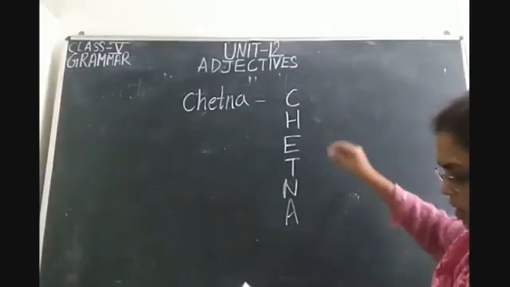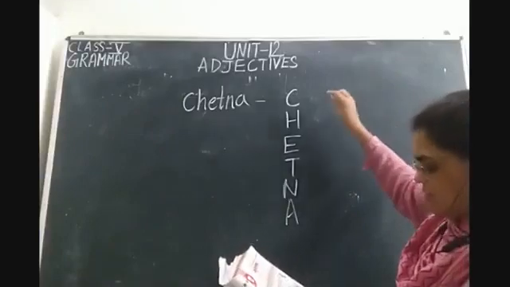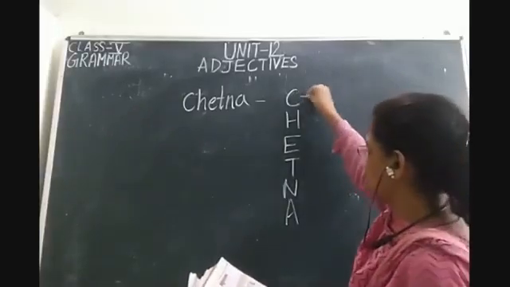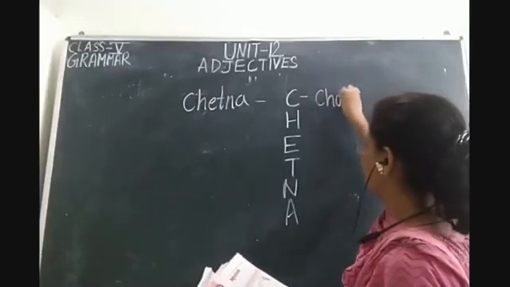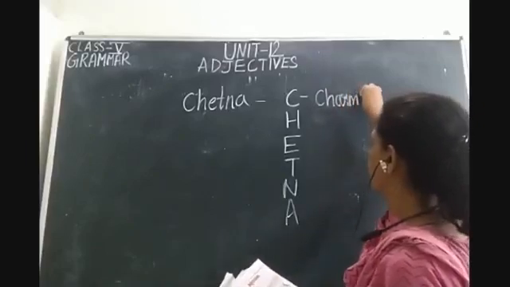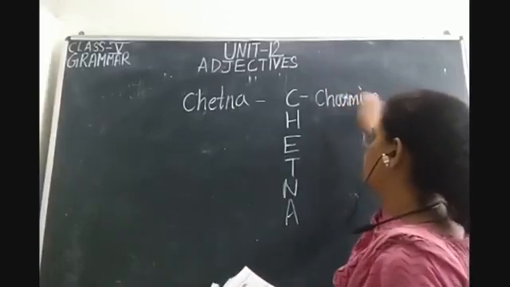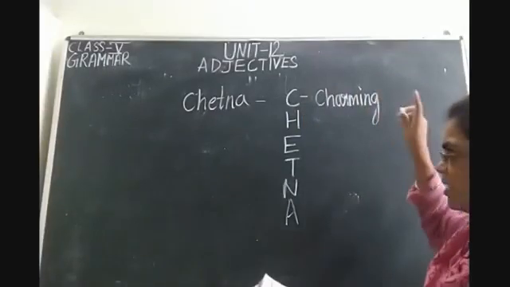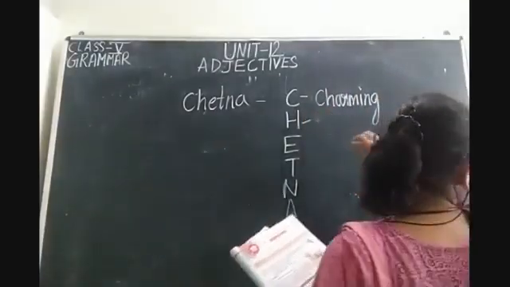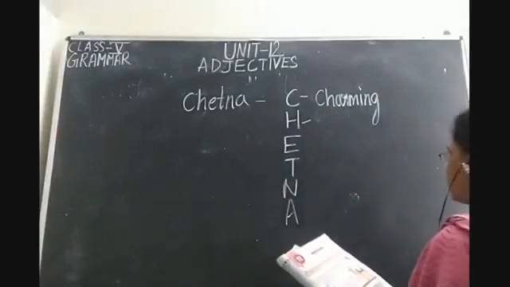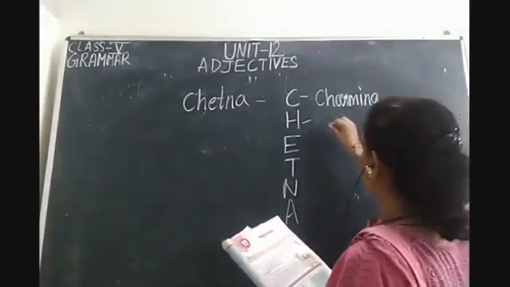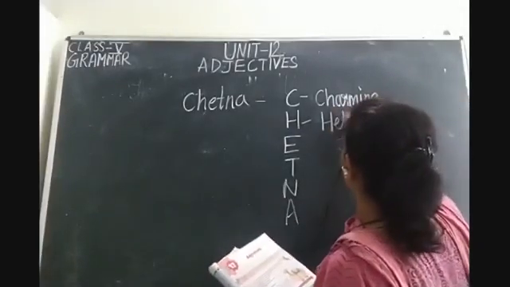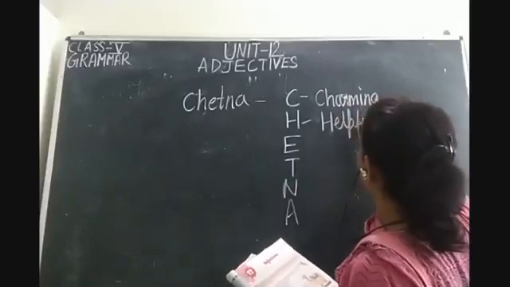Fine. So see, we have to write one adjective for one alphabet. So C stands for charming. Chetna is a charming girl. H stands for helpful. What kind of a person is Chetna?